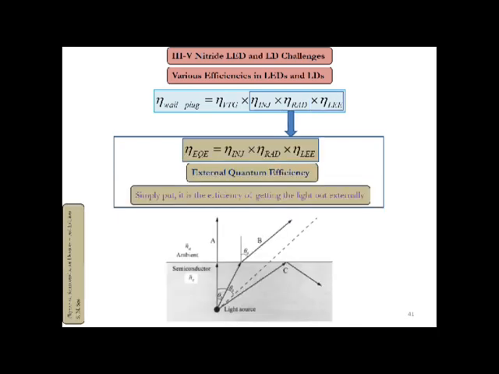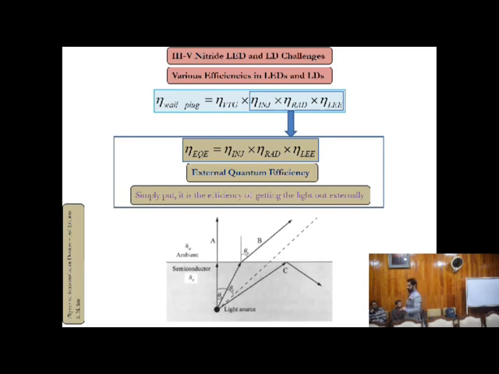Moving further, not only producing light, the light has to find its way out of the device. So this is external quantum efficiency. Not only producing light within the device, there are other factors. I think you all would recall refractive index.